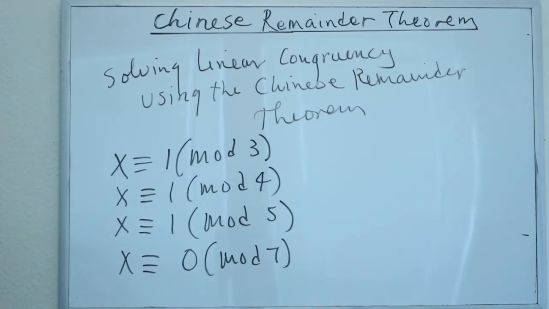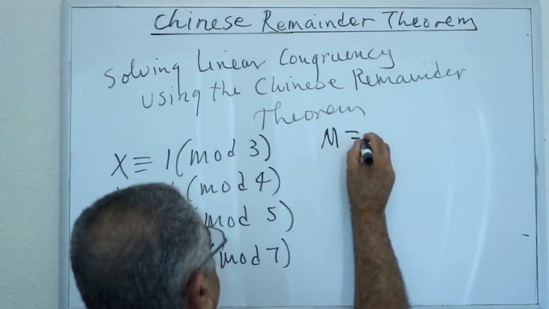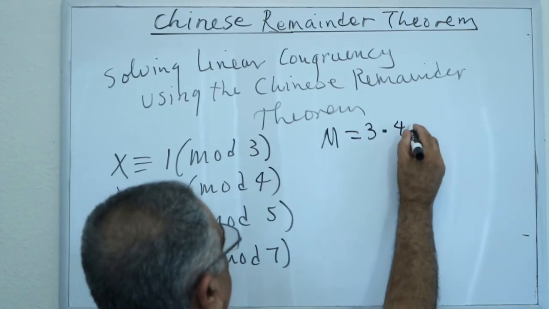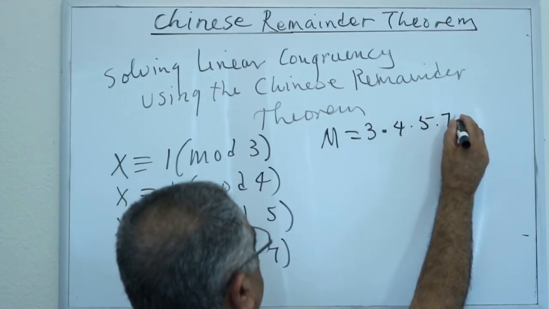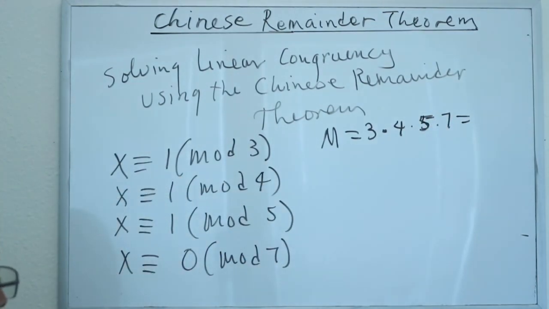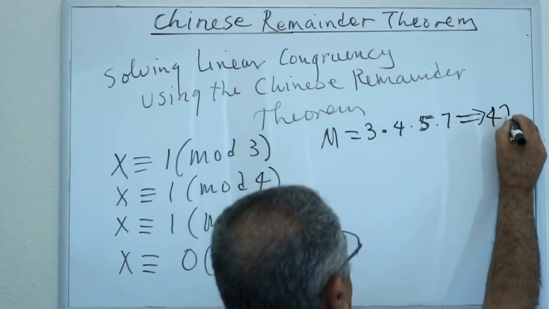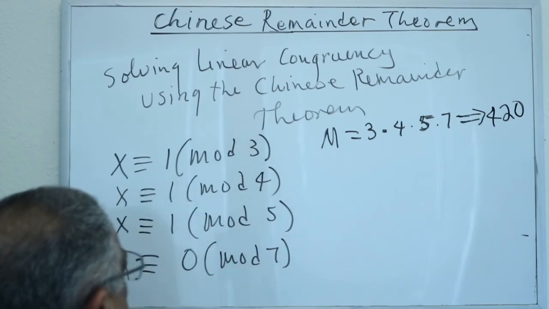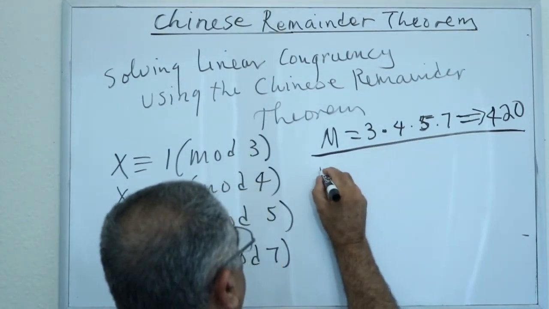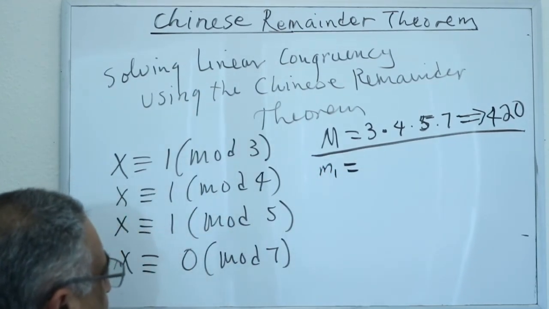Now my point becomes, I need to create big M, and big M is 3 times 4 times 5 times 7. I end up getting 420. Okay, 420. Now, I need to create the little m. So m sub i.